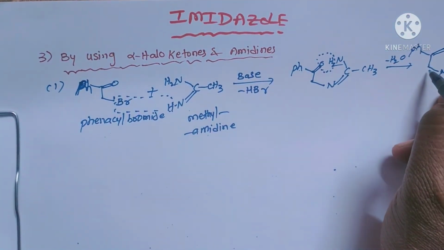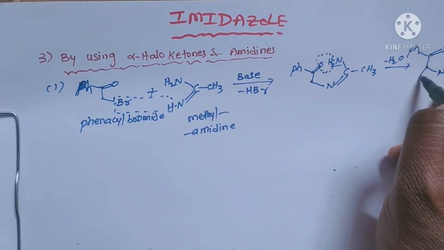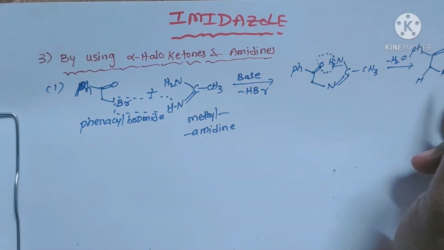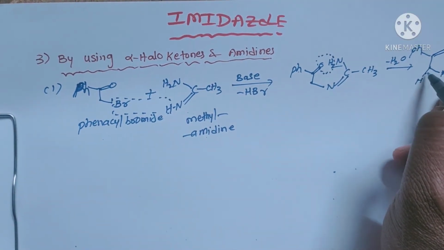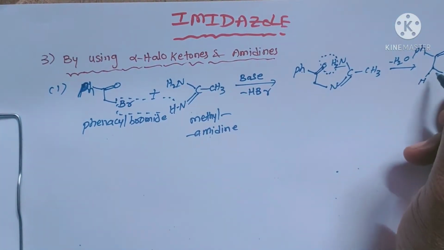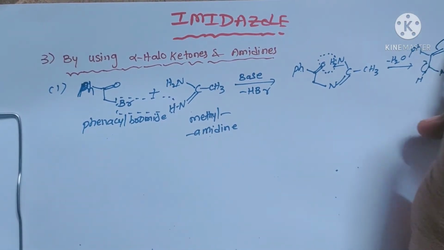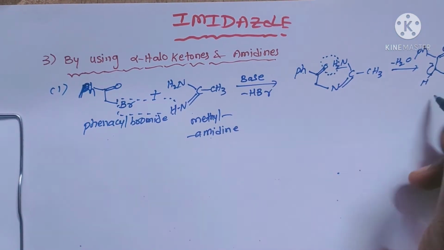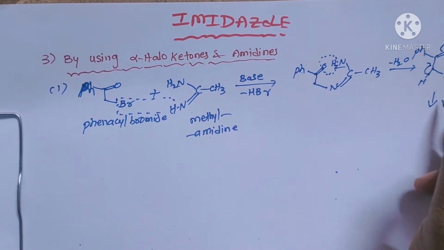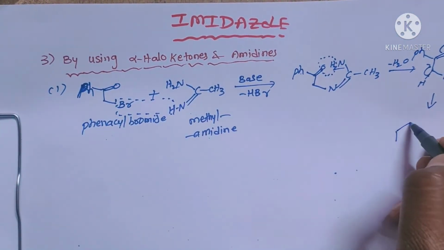Here, this carbon has two hydrogens, so we can take one hydrogen out. So look here, this bond is shifted here, and this bond will break here and shifts onto the nitrogen. As a result, we get the imidazole ring.